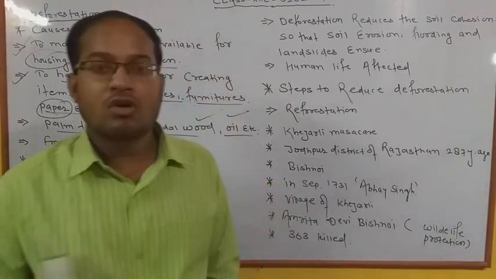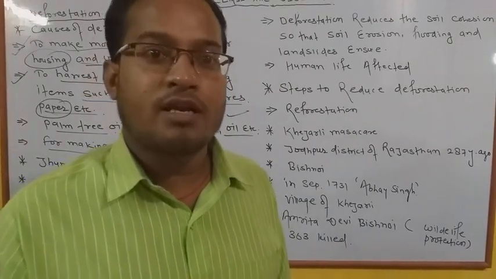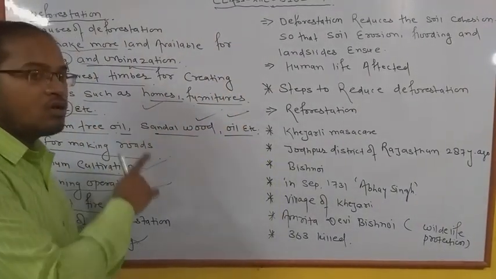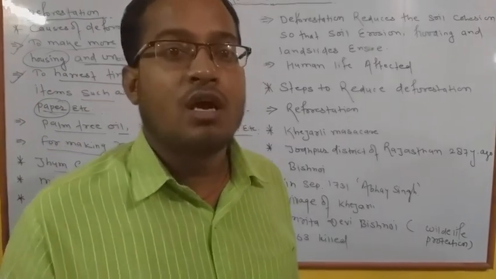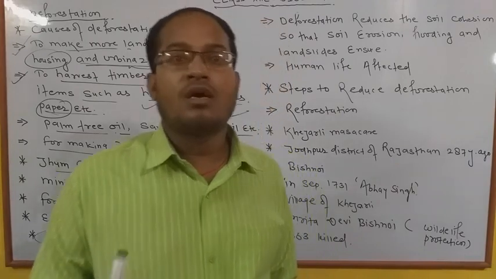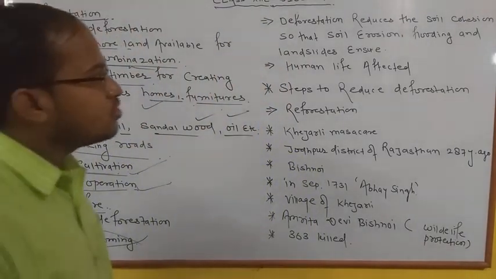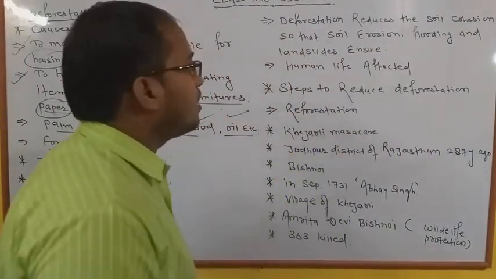If plants are not there, all the radiation will be trapped in the atmosphere and it makes it hotter and hotter. It means that our globe continuously creates warming, humans and animals will be affected 100%. Okay, so deforestation reduces the soil cohesion, so that soil erosion, flooding and landslides ensue.